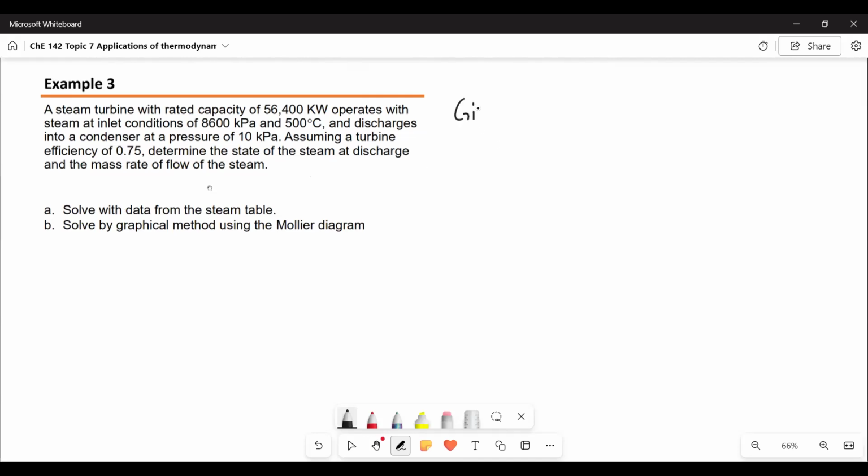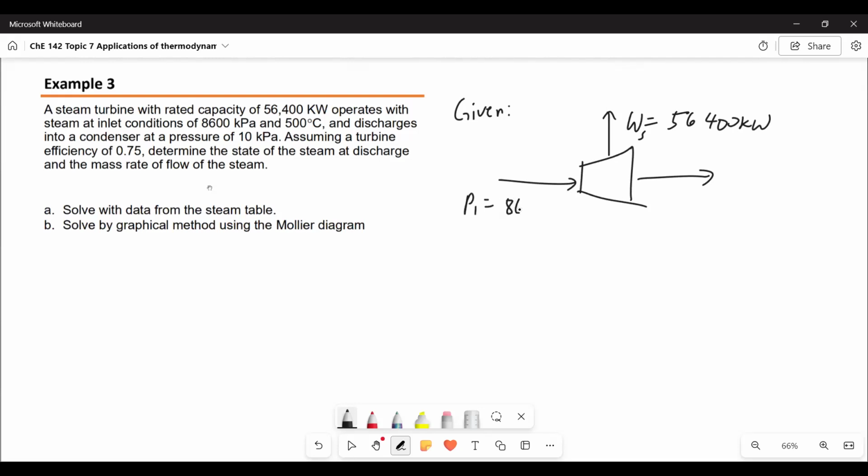So we write the given. What's the symbol for turbines? That's the symbol. The inlet is smaller than the outlet. And work is produced. So work shaft equal to 56,400 kilowatts. The inlet is 8,600 kilopascal. Temperature is 500 degrees Celsius.